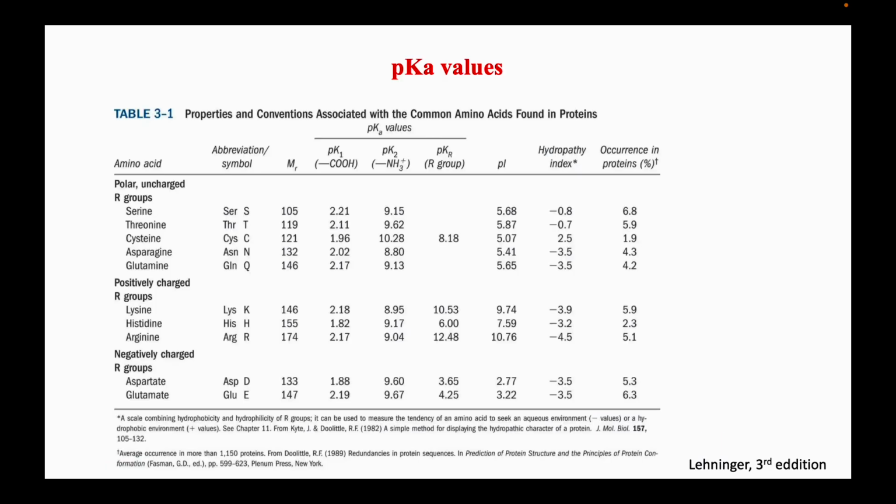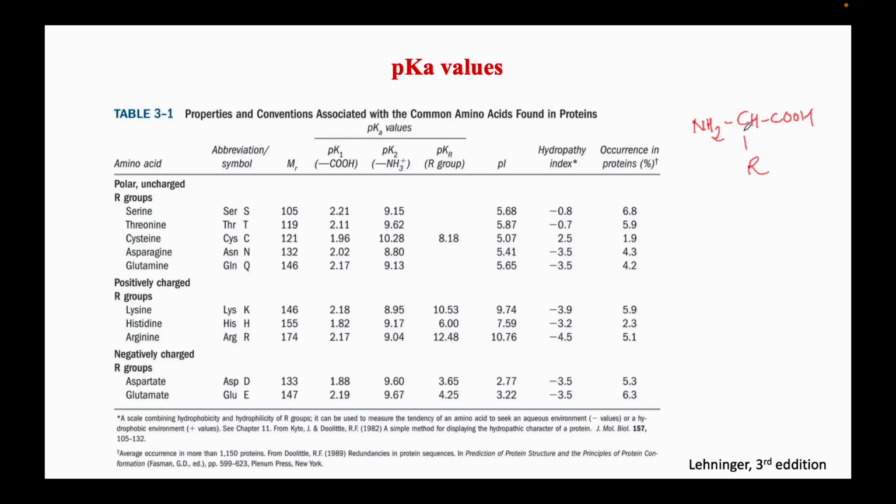We have discussed this before also. This is a very nice table, and here we have different amino acids. The general structure of an amino acid is very simple. All the amino acids are alpha amino acids, right?